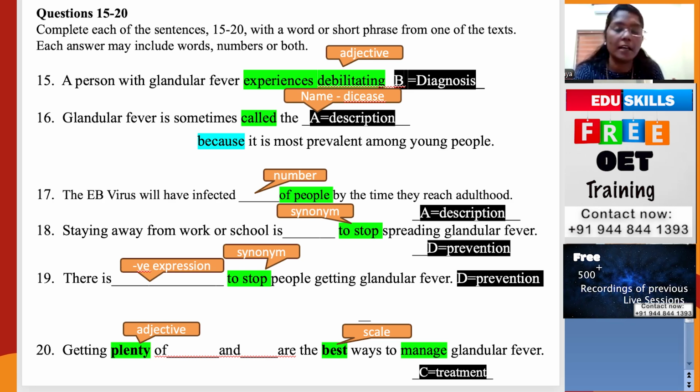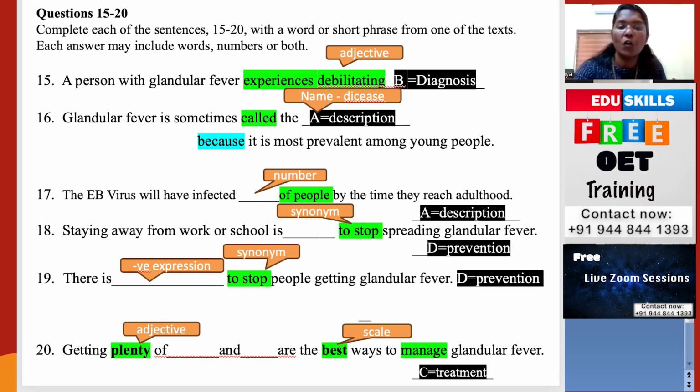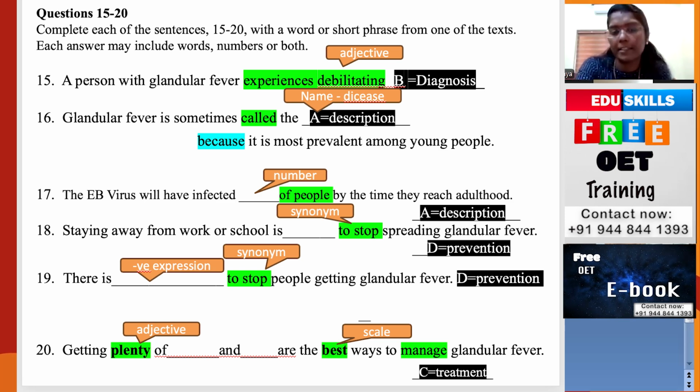But the question asks how many days, so what do we have to write? 14 to 21 days. Writing 2 to 3 is not possible. In the text we see weeks, but in the question they are asking how many days. So our answer is 14 to 21.